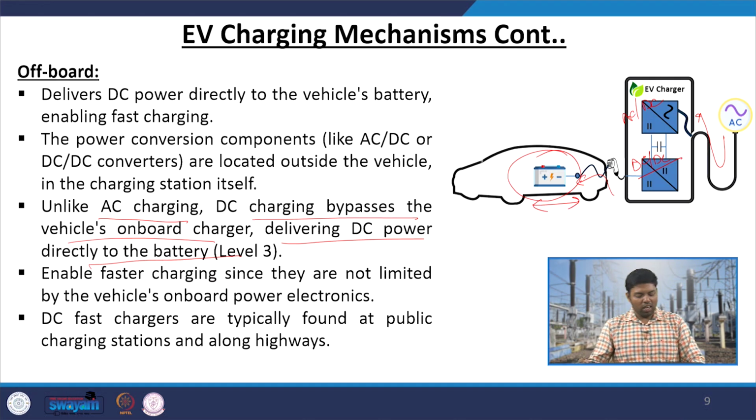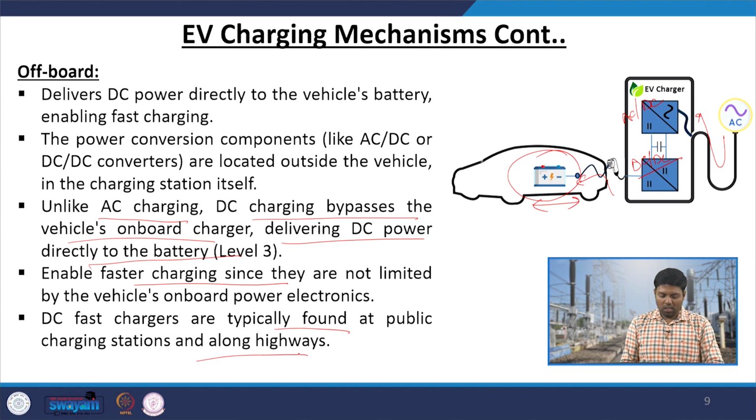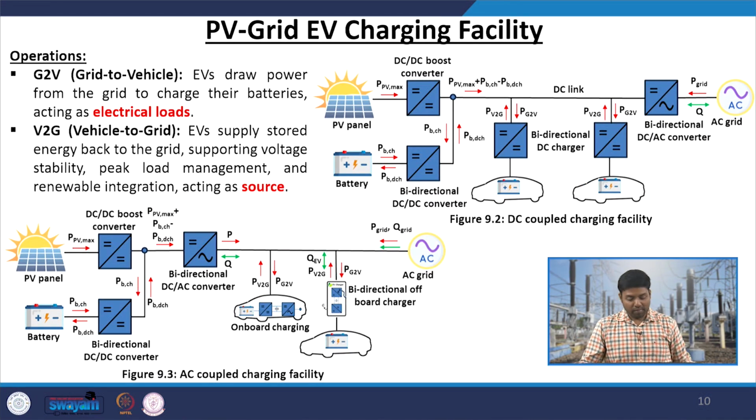That is called level 3, and it is a very fast charging mechanism compared to onboard charging. It is typically found in charging stations and on highways, where you need your car to be charged within 15 or 30 minutes. You cannot spare 5 minutes standing on the highway, right? So, this kind of off-board charger is present in charging stations.